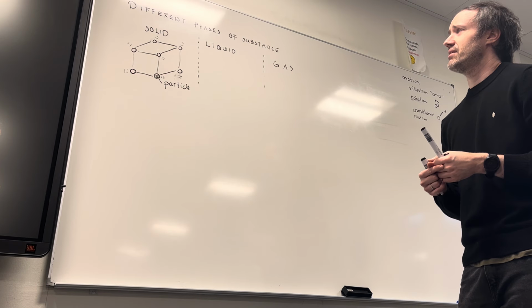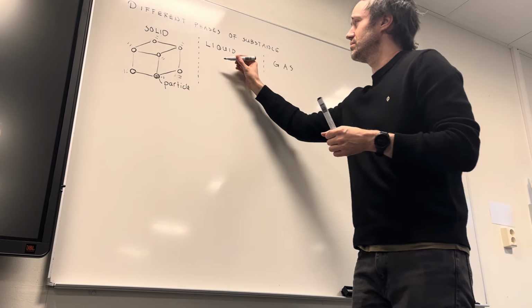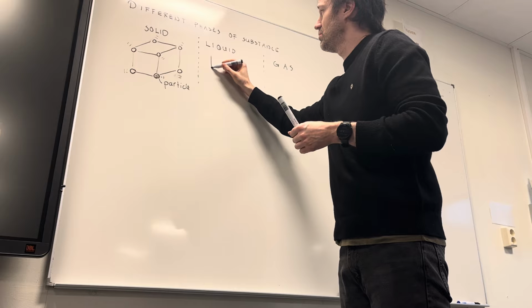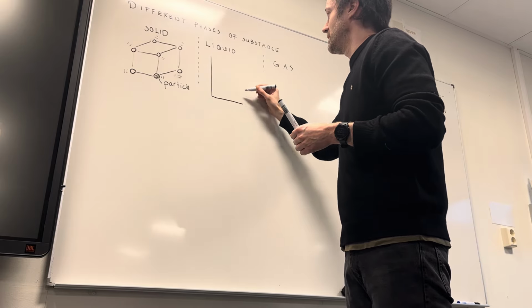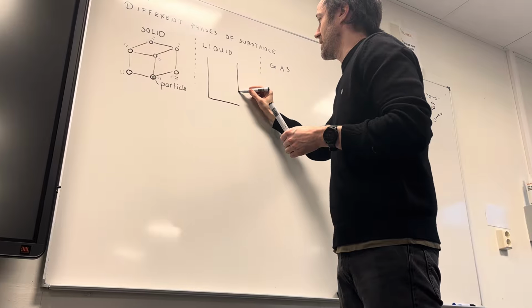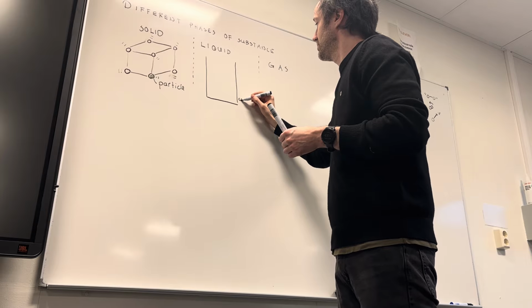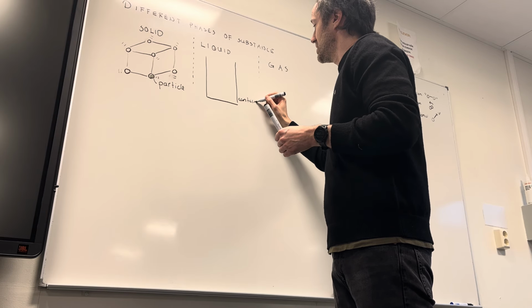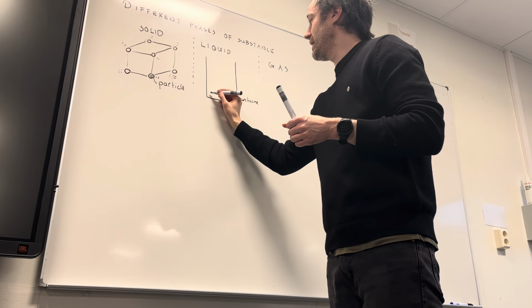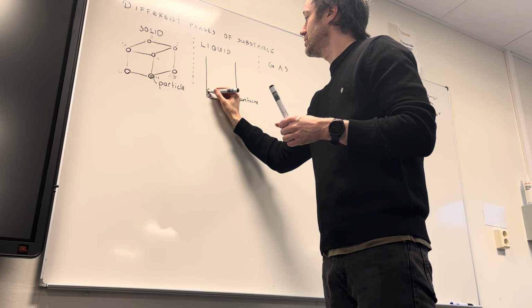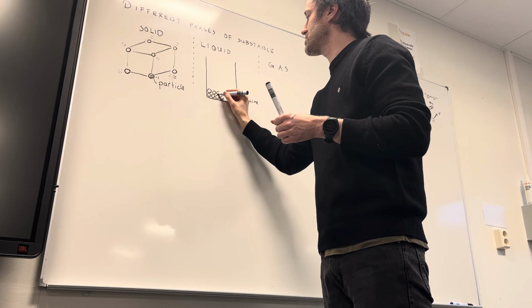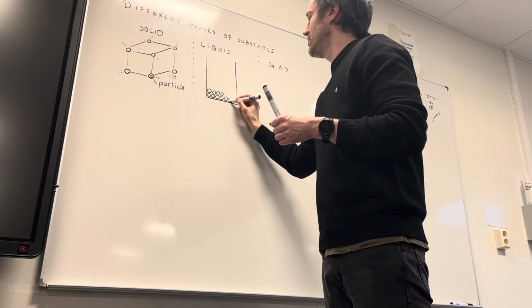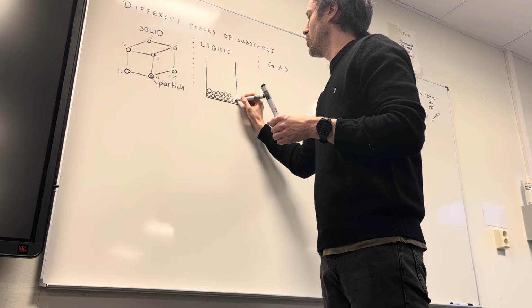And then we have the liquid. If I want to draw a liquid, I want to have a container. This is just a container. And now the strong forces between the particles when they were in solid, they're not as strong anymore.